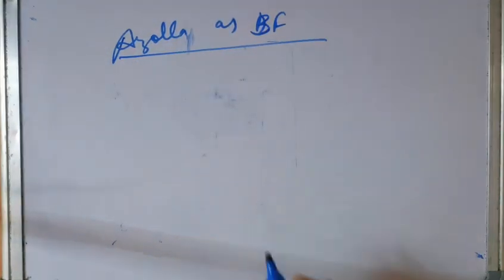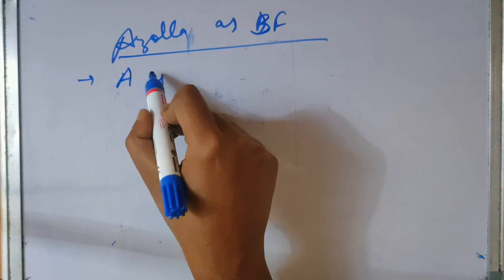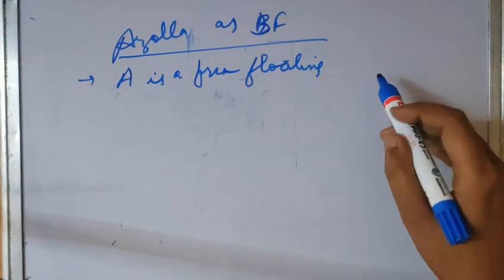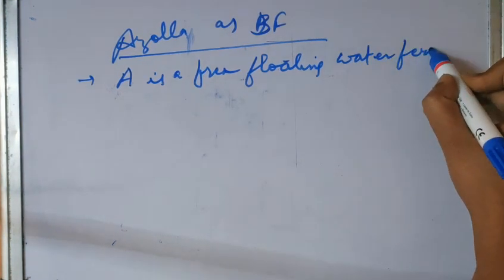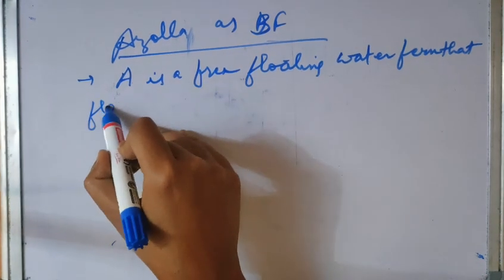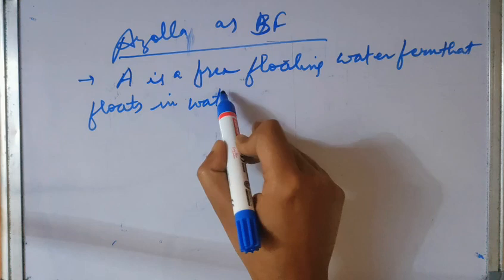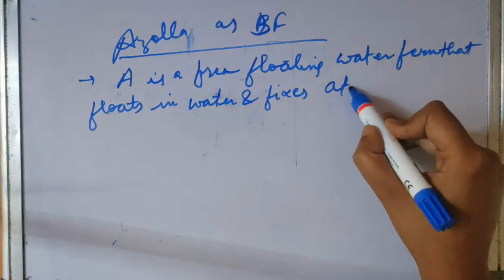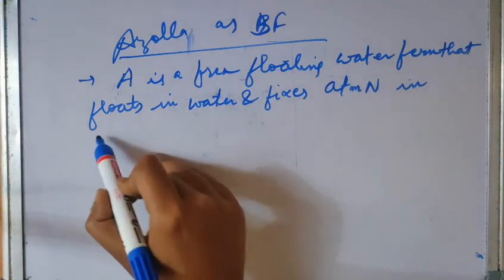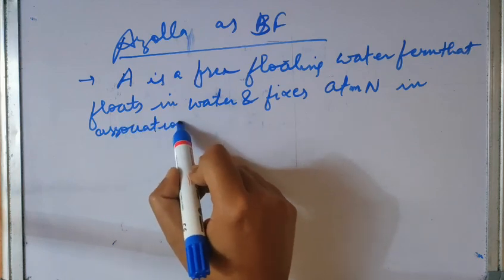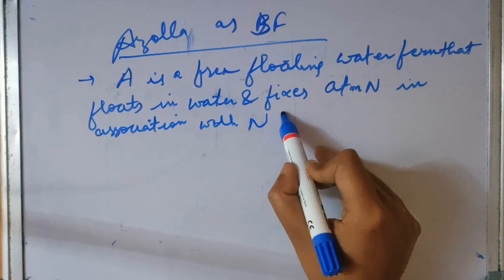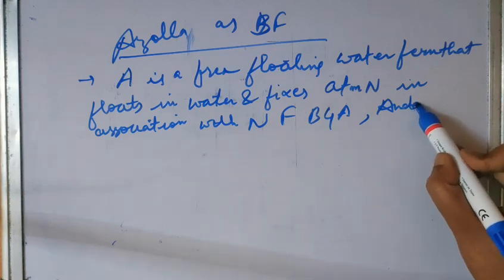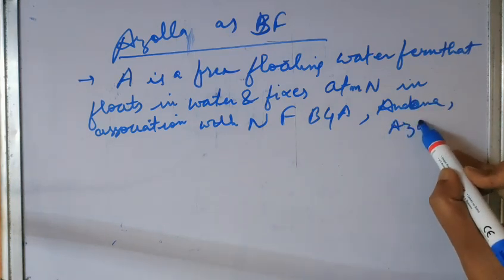Azolla is a free floating water fern that floats in water and fixes atmospheric nitrogen in association with nitrogen fixing blue green algae, that is Anabaena azollae.